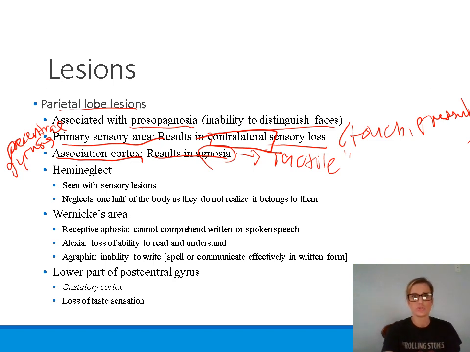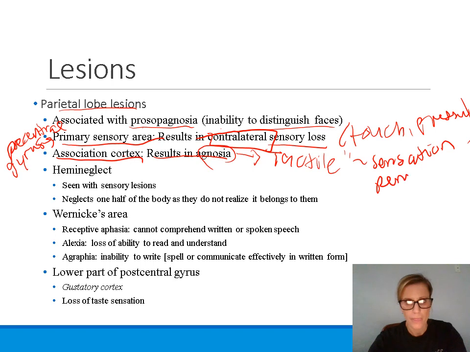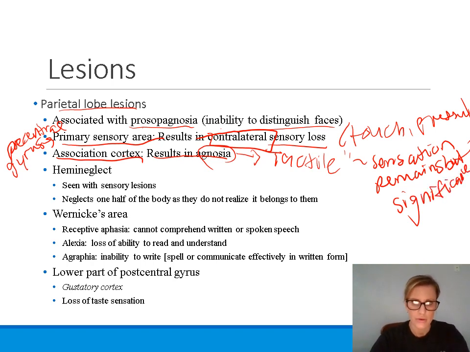So with a lesion in the association cortex, you can still feel that something is touching you. You're aware of something, but you don't make sense of it. You don't really understand what it is that's touching you. You lose the significance. So sensation remains, but the significance of it is lost.